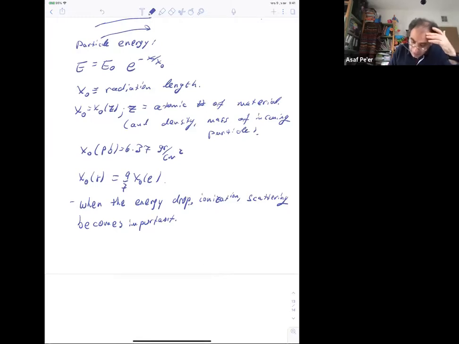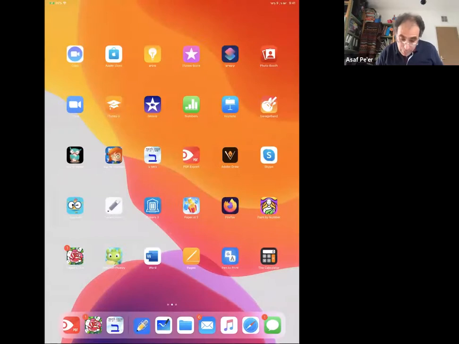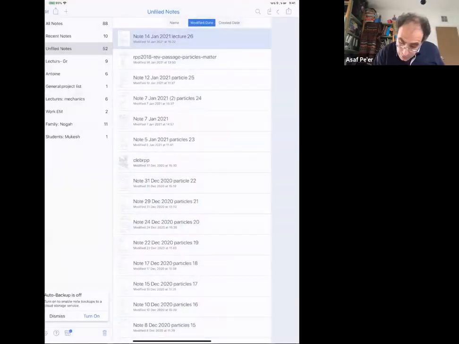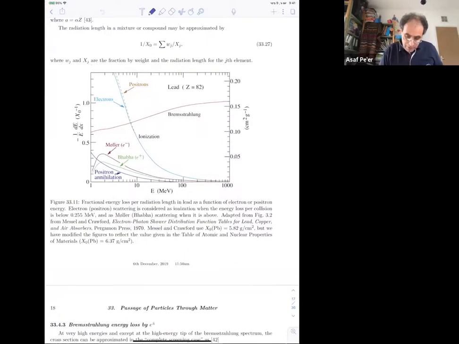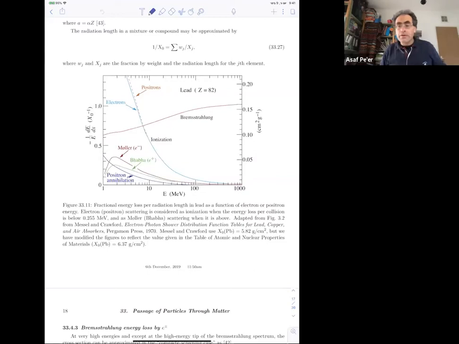Right, so I put down maybe from the particle data group. Let's put this one. There it is. Yeah, so I took it. This is from the PDG, which I just downloaded a few minutes before the class. I went to the PDG to check. So you see here the fractional energy loss per radiation length in lead as a function of the electron and positron energies.